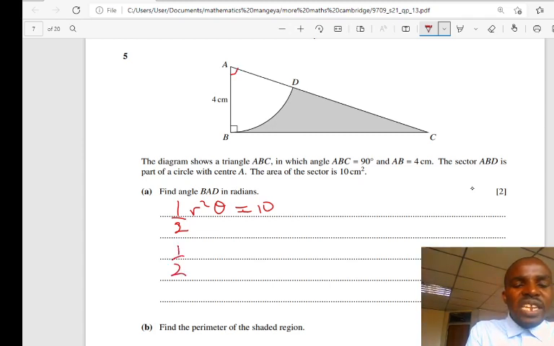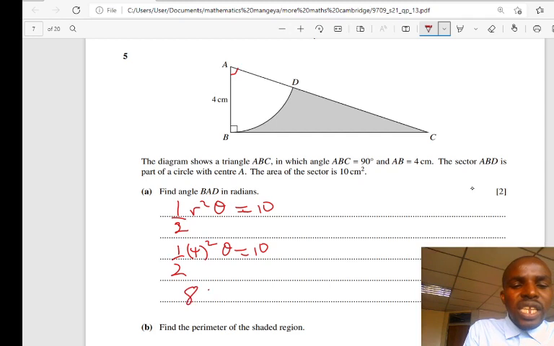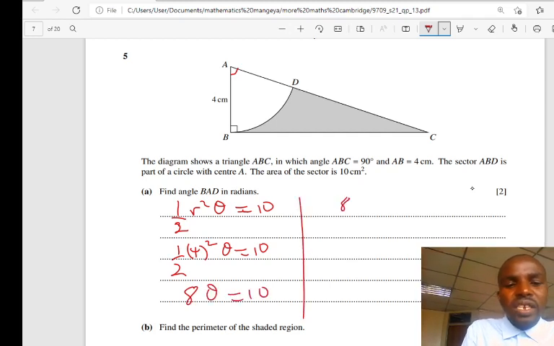We can just substitute whatever is relevant here. It's half times r squared, r is 4, so 4 squared, times theta is equal to 10. Then we can find our theta here. 4 squared is actually 16, 16 over 2 is 8, so 8 theta is equal to 10. Then you divide by 8 on both sides, and you get theta is 10 over 8.